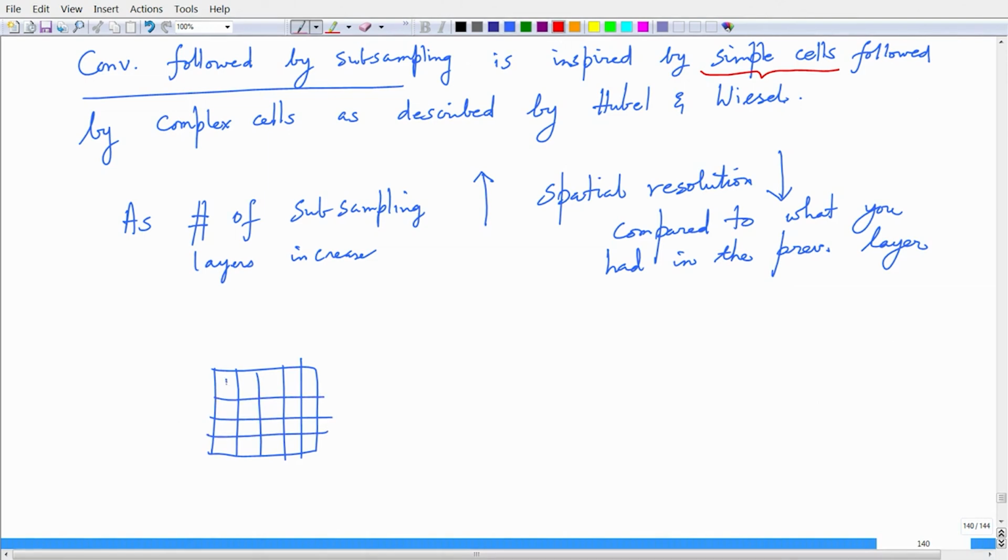I am just going to mark these with these red dots. So, initially I had these here. As I am doing downsampling, I choose one out of these samples and I may have just a dot here followed by the rest, right. The idea behind reducing the complexity of the dimension of the feature set that can be accomplished through subsampling lends itself to a reduced resolution in space, right. I have reduced spatial resolution because I am subsampling.